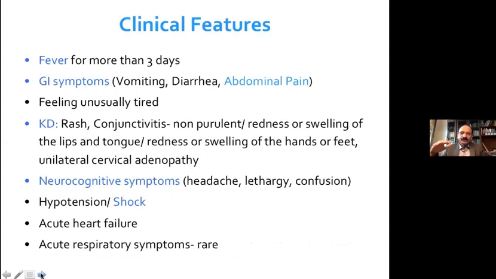Clinical features: fever, GI symptoms, feeling unusually tired, Kawasaki disease symptoms like rash, conjunctivitis, non-purulent swelling of lips and tongue, redness of hands and feet, and unilateral cervical adenopathy. Of course, some of them would come in with neurocognitive symptoms, hypotension, shock, acute heart failure, or respiratory symptoms.